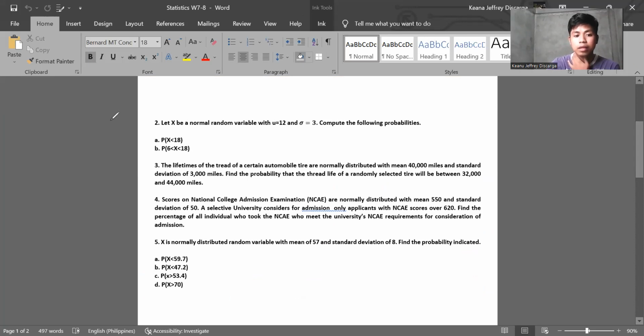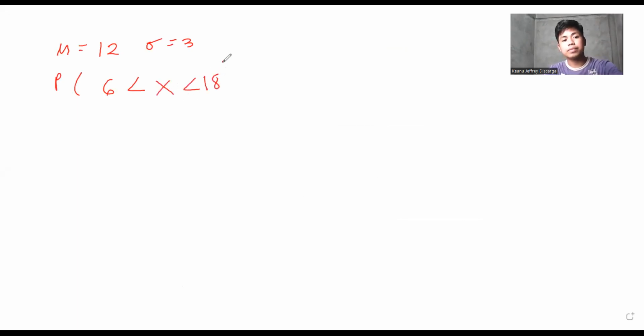The mean is still 12 and the standard deviation is 3. We want the probability of getting 6 to 18. Earlier it was only less than 18, so 0 to 18 was possible. Now the range is narrower, from 6 to 18 only.